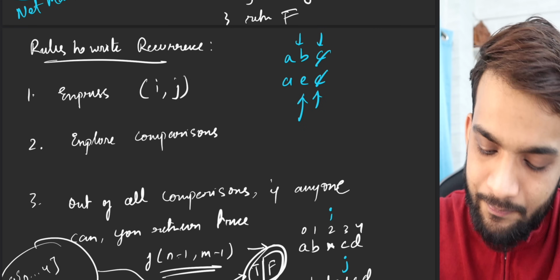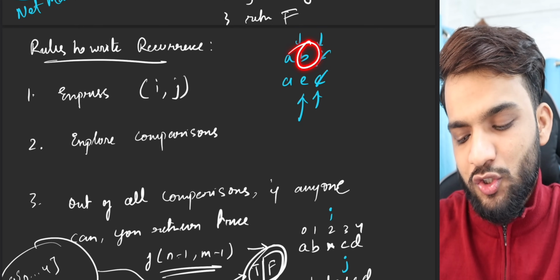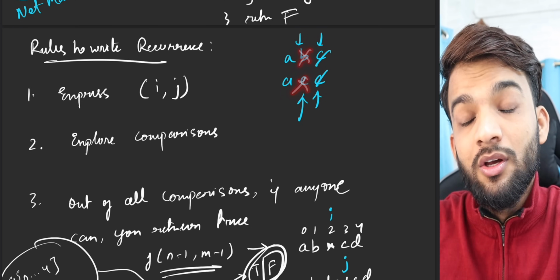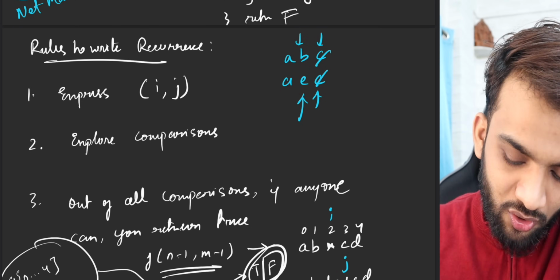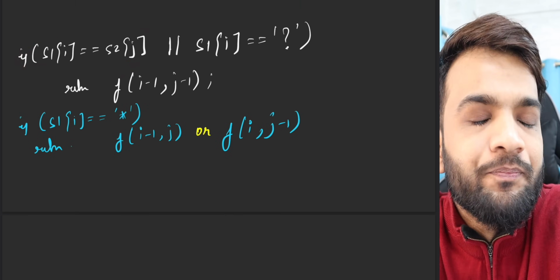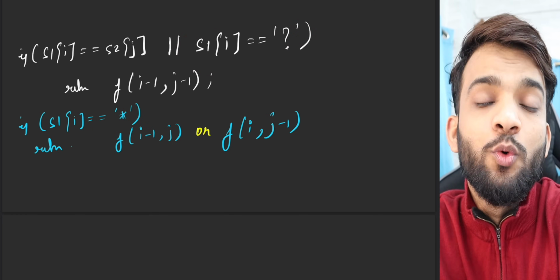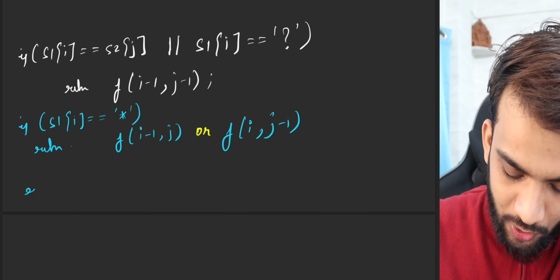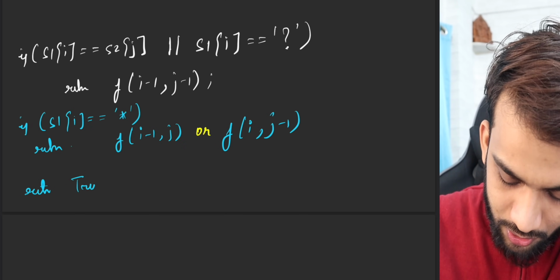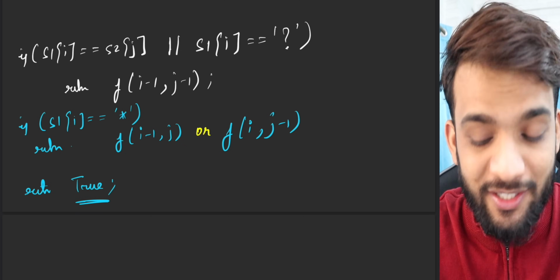Then you are at B, E. This is neither a star, nor a question mark. So this is not matching. You cannot match them. So at the end of the day, for the strings to match, it has to be a question mark, or it has to be a star. Otherwise, you cannot match, and if you cannot match, let's return a true. Perfect. Returned a true. Amazing.